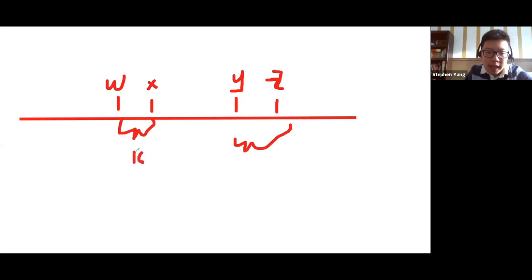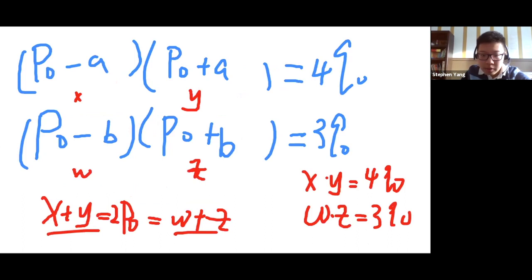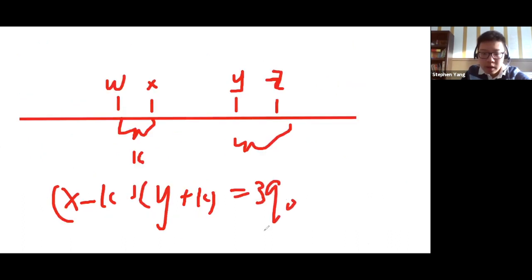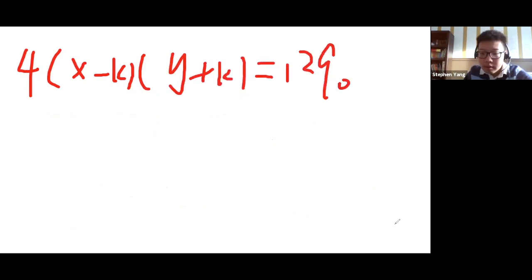So let this distance be K. So then we'll have X minus K is equal to W, and Z is Y plus K. Now that is W times Z, which equals to 3Q0, which means 4 times X minus K times Y plus K equals 12Q0, right?